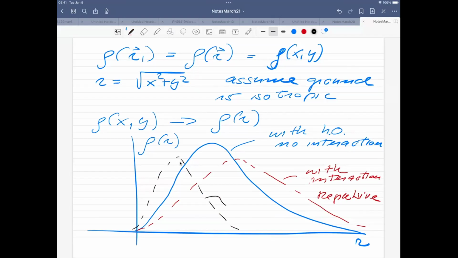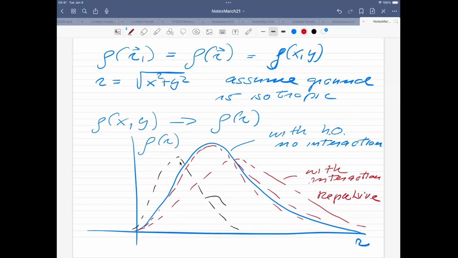So the one body density and also the two body densities are often used as a measure of correlations. And you will see now that in your specific case, when you have a repulsive interaction, you will actually get a curve which is going to be pretty close to the non-interacting case. It's going to be a little bit out.